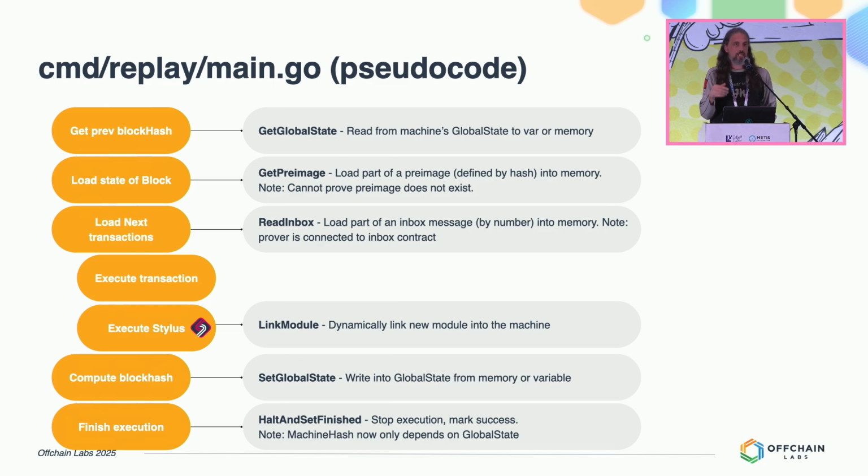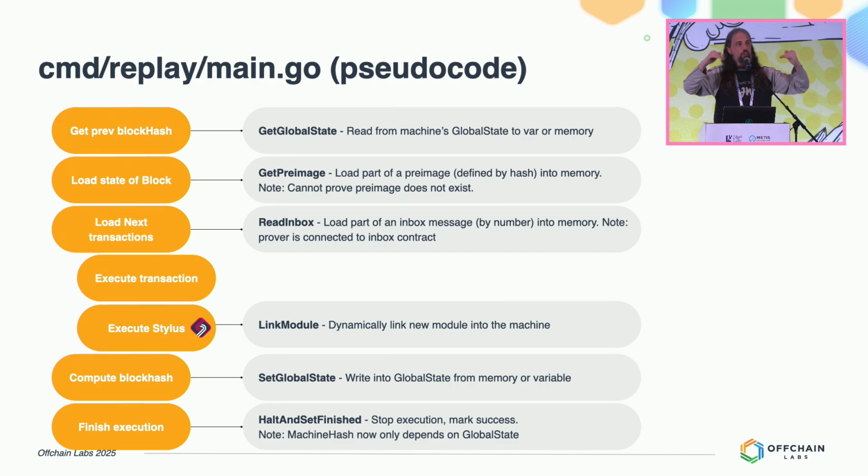We call them WAVM, W-A-V-M instructions, to assist the extra required functionality. So, for example, to get the previous block hash, finish execution and compute the block hash, we have something called a global state. Global state is basically the main input-output of the system.